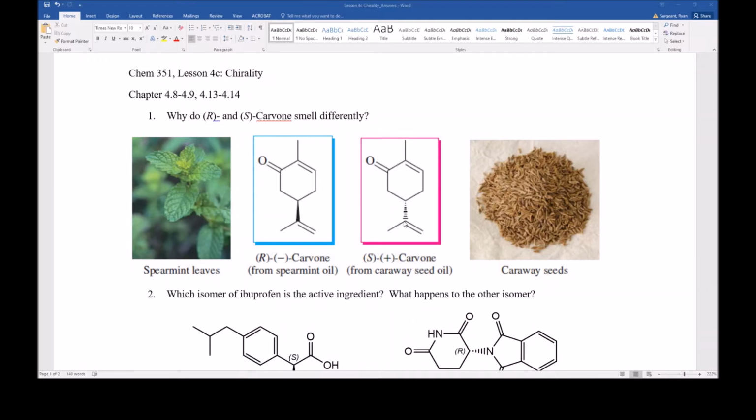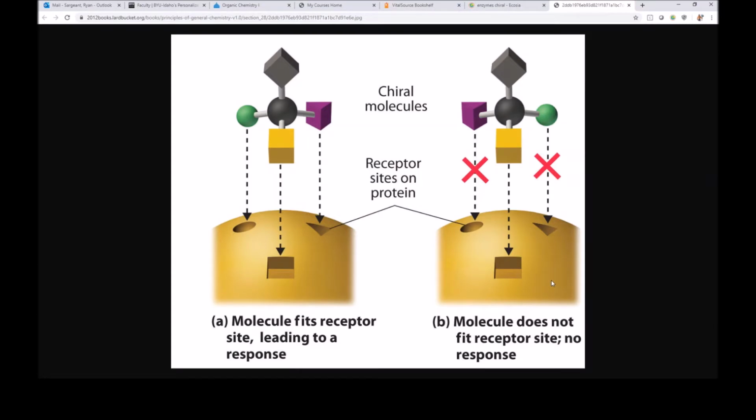That's the point. And the reason that they smell different is because of how they bind to the sensory receptors in your nose. So one of the characteristics of enantiomers is that chemically they are very similar, but biologically they are very different. So consider here a chiral molecule, and then over on the right-hand side I have the enantiomer of that molecule.